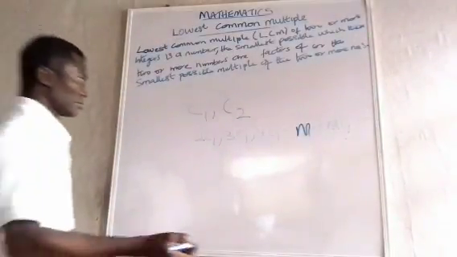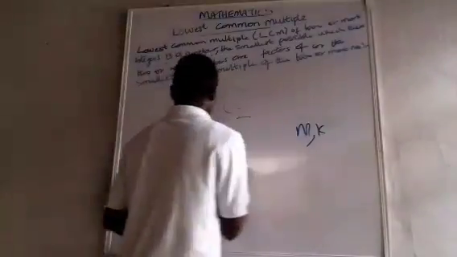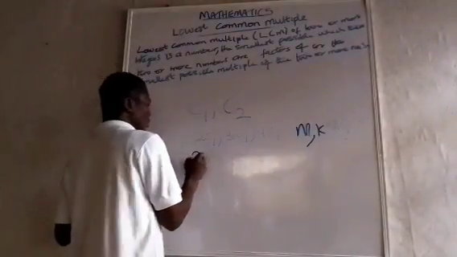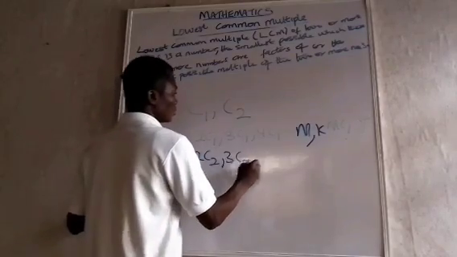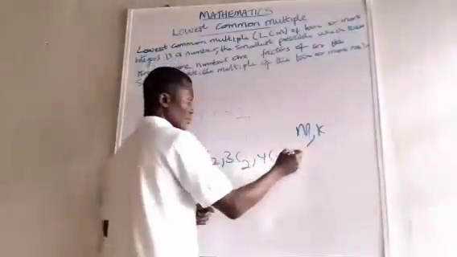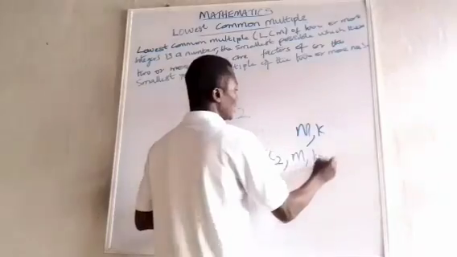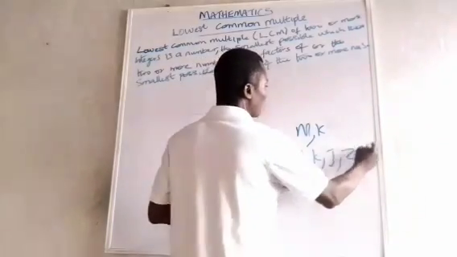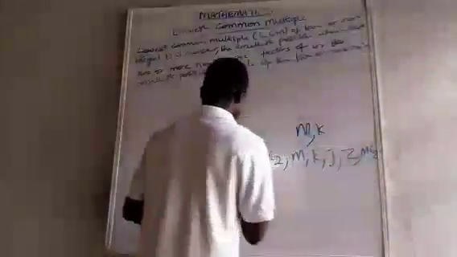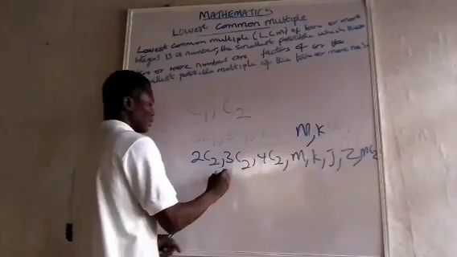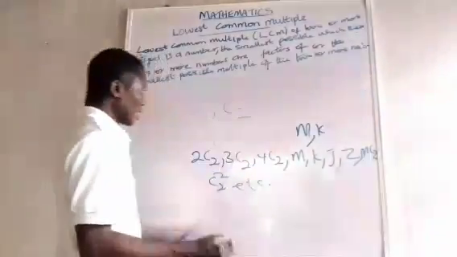For C2 too, let's look at the multiples of C2. We can have 2C2, 3C2, 4C2, NC2, and so on, and we can have C2 squared, just as we can have C1 squared.